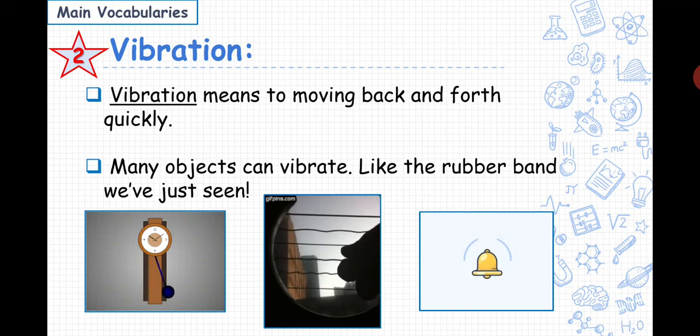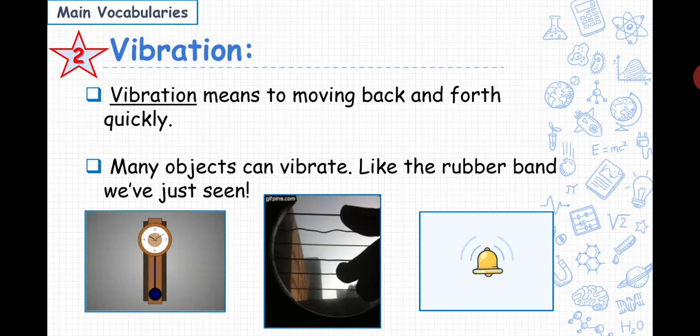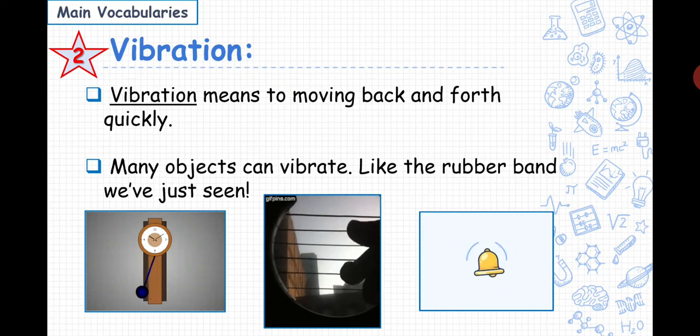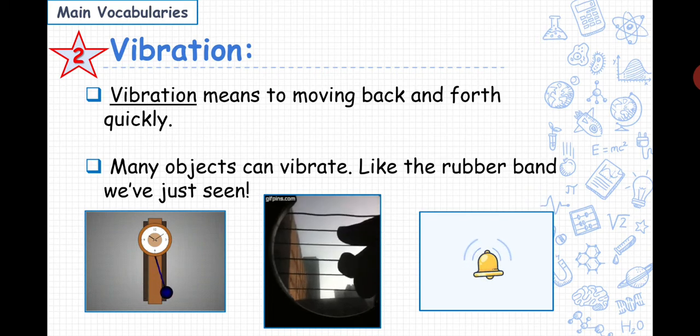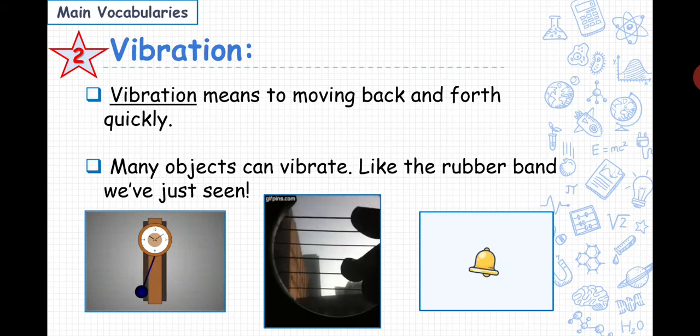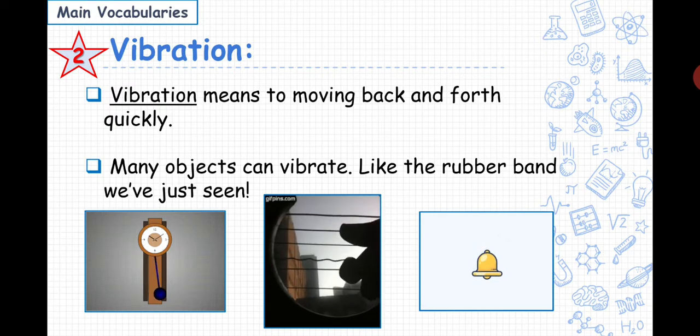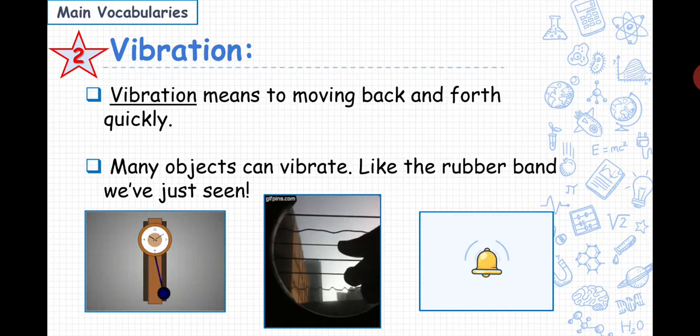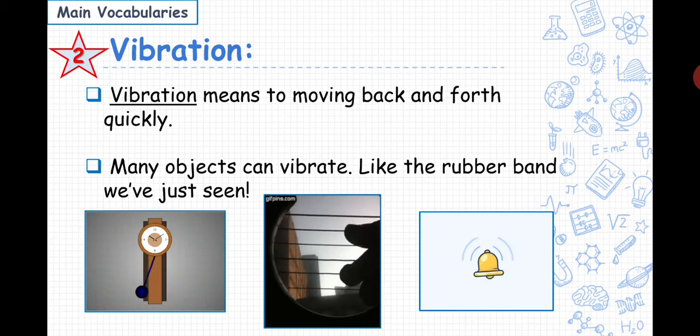You will see how the strings of the guitar are vibrating, which means they are going back and forth quickly, as you see. The bell also in the third picture is making vibration as it is moving back and forth. So, my dear, vibration is when something moves back and forth quickly, as you see in these examples.